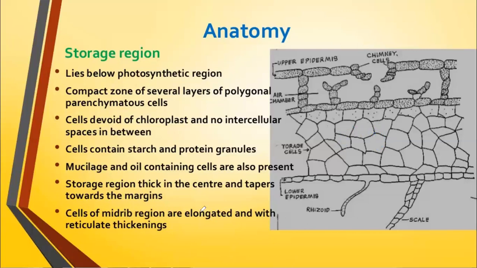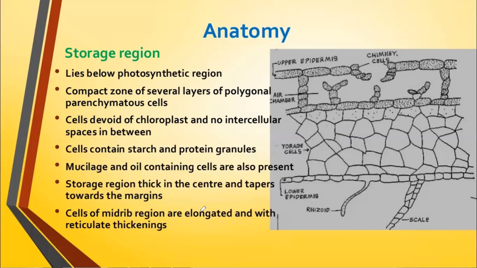The storage cell becomes thicker in the center and tapering at the margin. Since it stores the food material synthesized by the photosynthetic region, the central region of the cell, which stores the starch and proteins, becomes thicker in the center and thin at the margins.